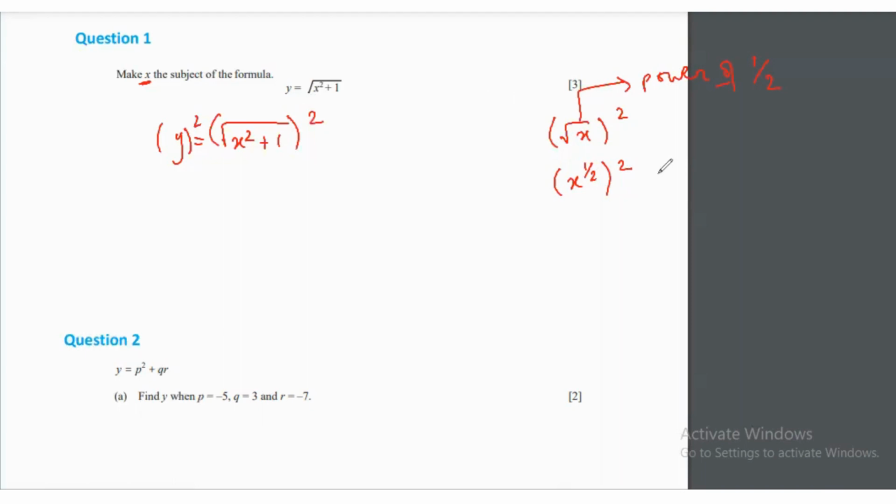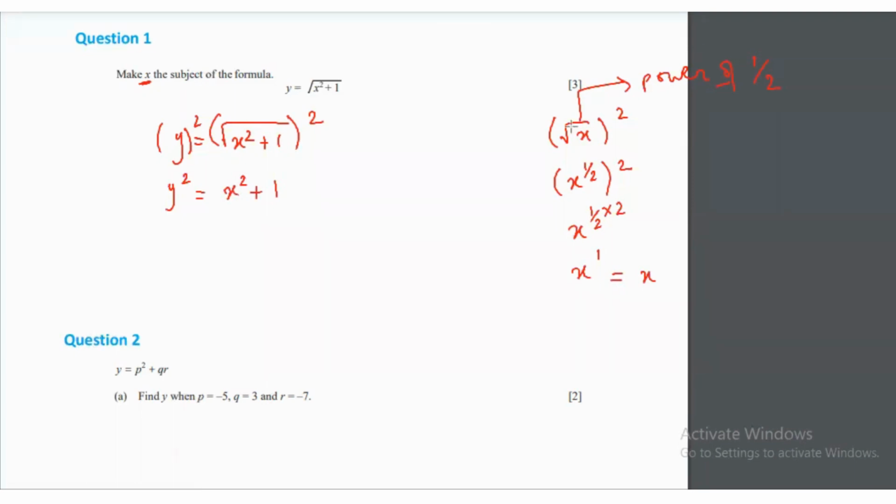Keeping in mind the rules of indices, when there's a power inside the parentheses and there's a power outside the parentheses, those two powers get multiplied to each other. So 2 times 1 over 2 is basically 1, and x to the power of 1 is just x. So when we square both sides, y to the power of 2 becomes y squared, and the square root of x squared plus 1 becomes x squared plus 1.